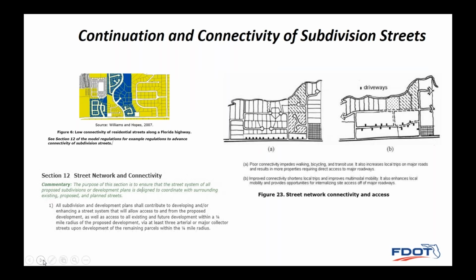Network and connectivity of the network is so important to access management, and so the street network standards that we provided were an effort to start to address this issue.